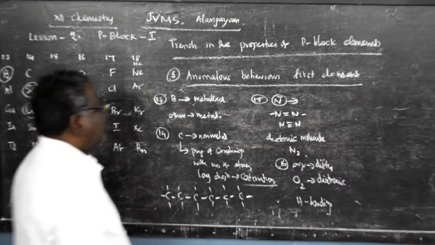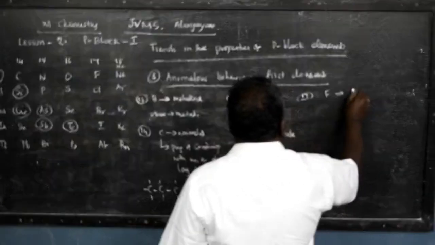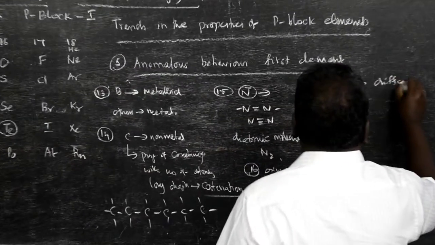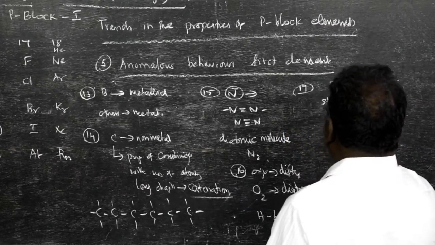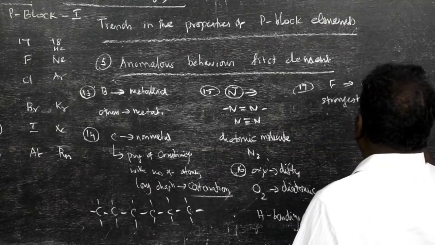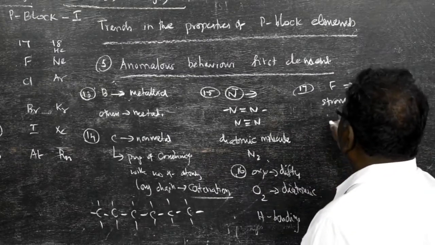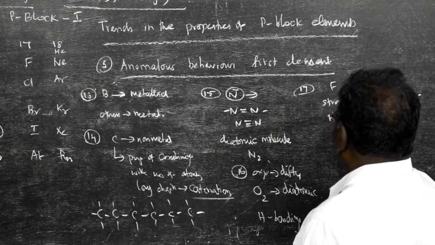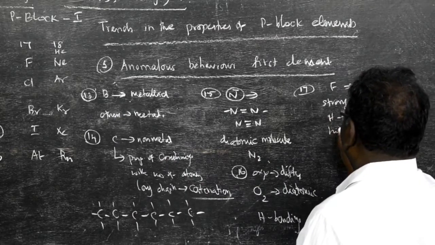Then the 17th group: fluorine differs from other elements. It is the strongest oxidizing agent, it forms hydrogen bonding, and it is highly reactive.